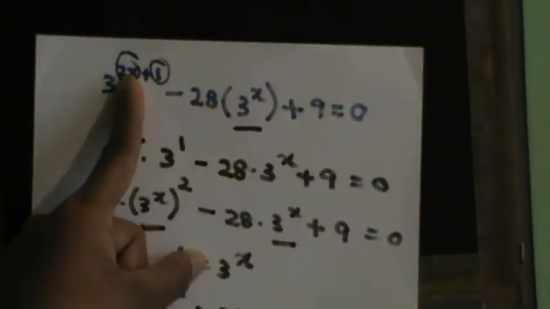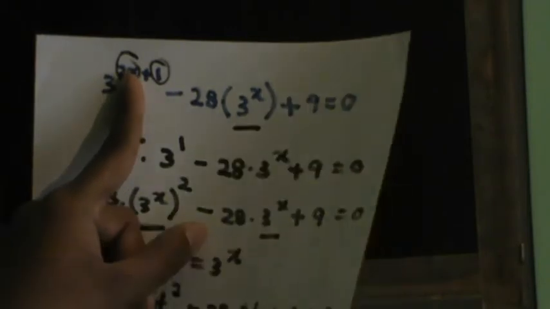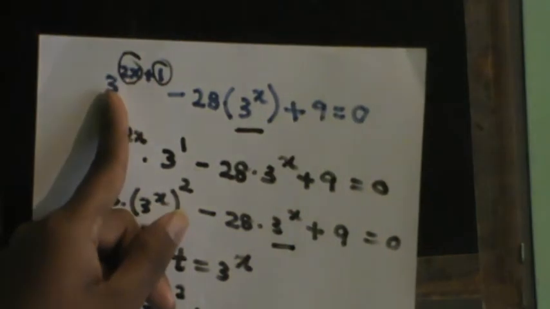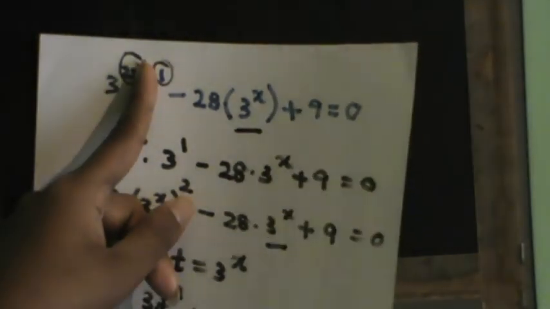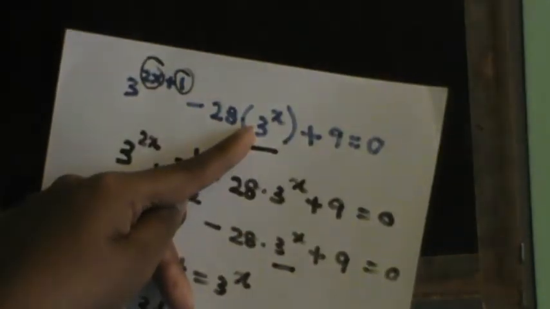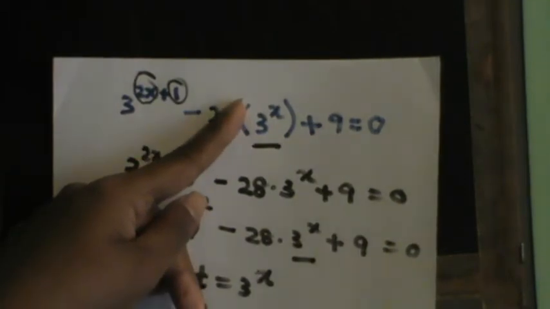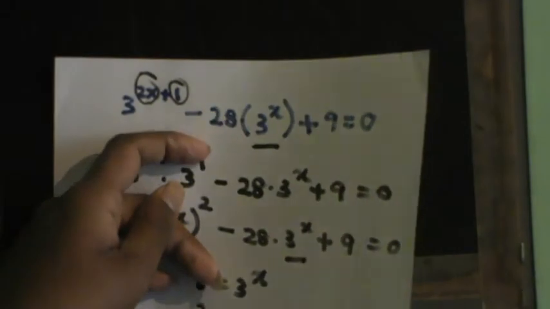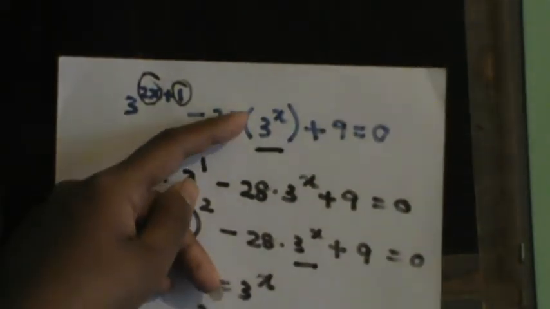So when x is equal to minus 1, 2 times minus 1 is minus 2, minus 2 plus 1 is equal to minus 1. So 3 to the power minus 1 is equal to 1/3. Similarly here 3 to the power minus 1 is equal to 1/3, plus 9. So here it will be 1/3 minus 28 times 1/3, which is 28 by 3, plus 9.